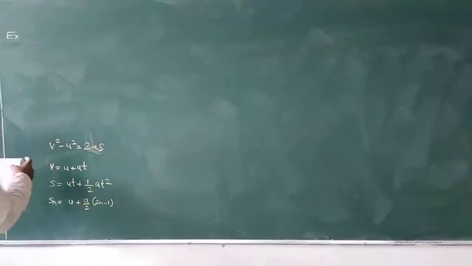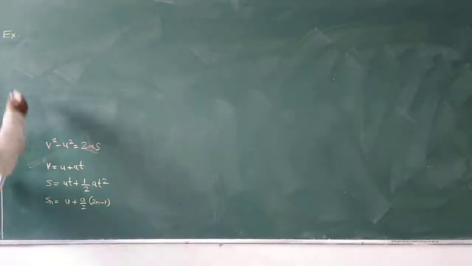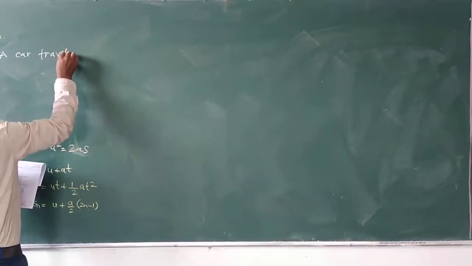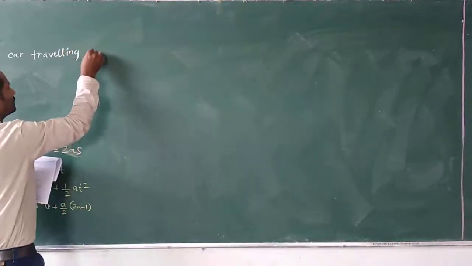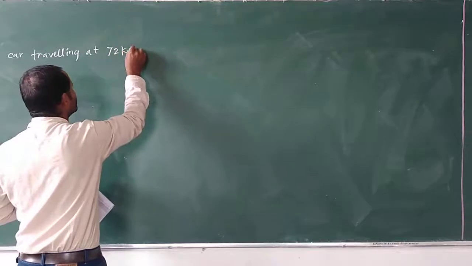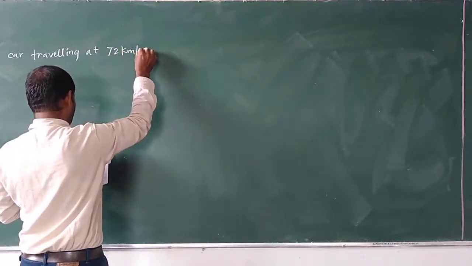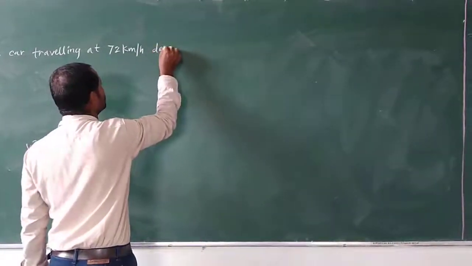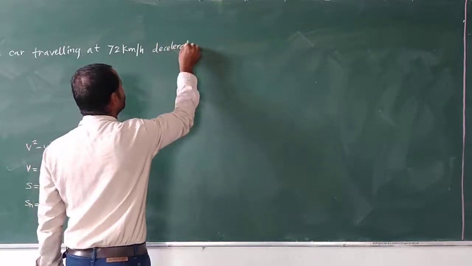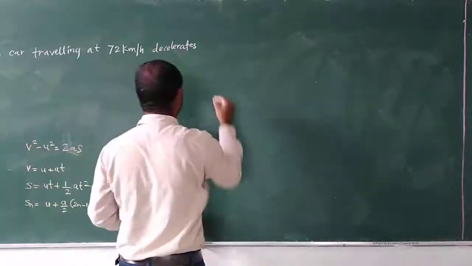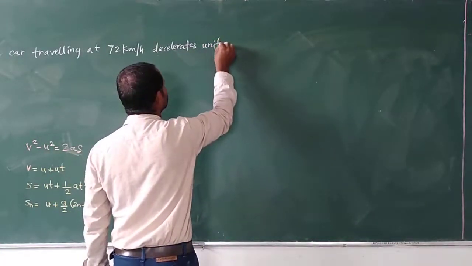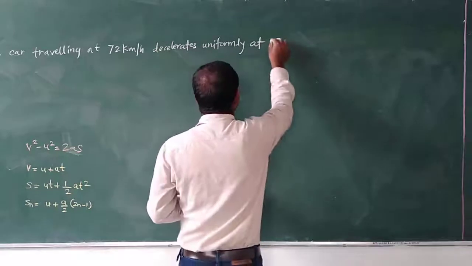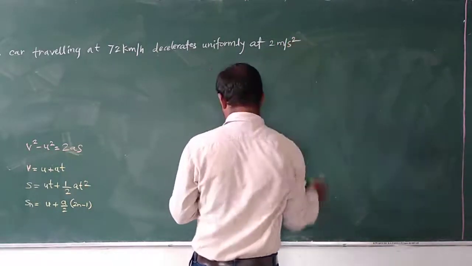A car traveling at 72 kilometers per hour decelerates uniformly at 2 meter per second square.